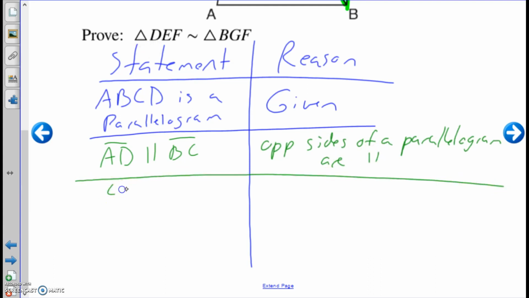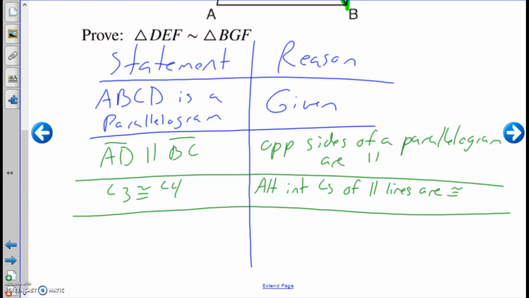And because of that, angle 3 is congruent to angle 4 because alternate interior angles of parallel lines are congruent. You really need to make sure that when you're doing alternate interior, you have of parallel lines in your reason. You can't just say alternate interior angles are congruent. You have to explain it's coming from the parallel lines. And before you can do that, you have to state you have parallel lines.